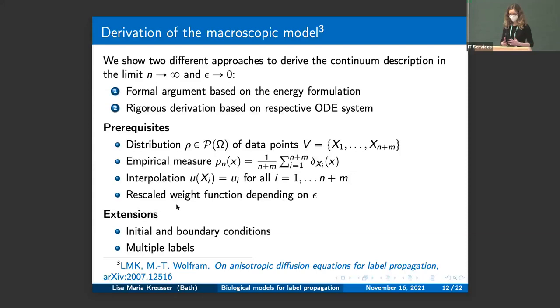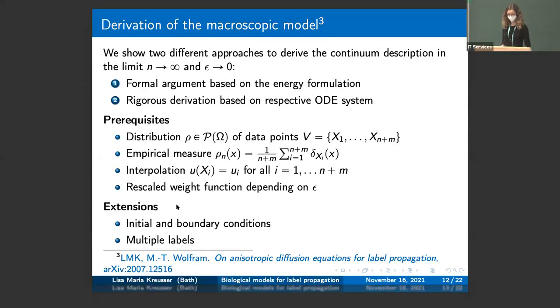This type of procedure can be extended to more general cases. Right now I've mainly restricted myself to 2 labels, but similarly, you could also consider multiple labels. And in terms of initial and boundary layers, you could also extend it in the sense that depending on how the initial conditions are chosen, we actually see a different behavior.